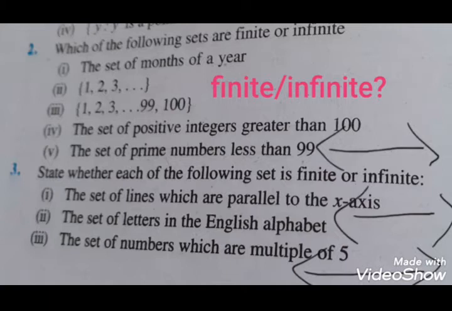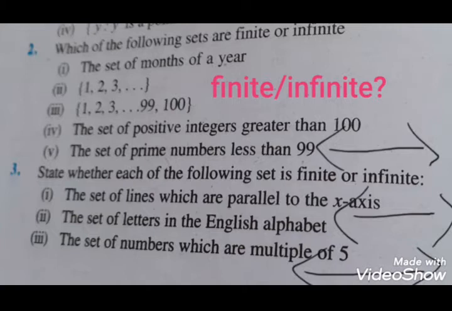The elements are 101, 102, 103, up to what the last number is we don't know, meaning it goes up to infinity. So it is an example of an infinite set. Here the second and fourth examples of this question are infinite sets, whereas the first and third are finite sets.